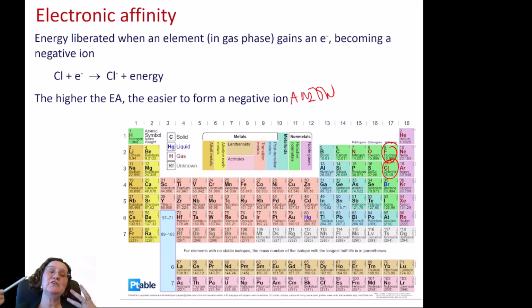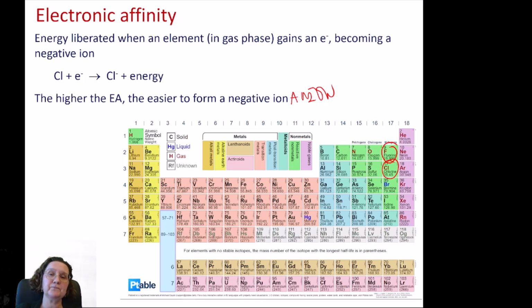So the amount of energy liberated when the atom of fluorine gains one electron will be larger than when a chlorine atom gains an electron and becomes negatively charged. So the smaller the atom, the closer that electron will go to the nucleus, and the larger the energy liberated.